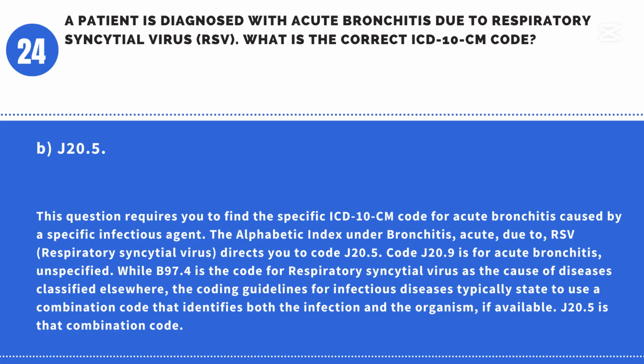Code J20.9 is for acute bronchitis, unspecified. While B97.4 is the code for respiratory syncytial virus as the cause of diseases classified elsewhere, the coding guidelines for infectious diseases typically state to use a combination code that identifies both the infection and the organism, if available. J20.5 is that combination code.